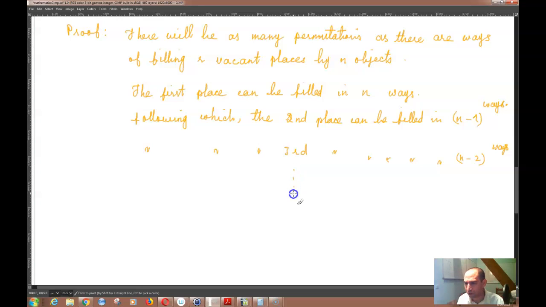And you can just keep going, and so that means that following which the rth place can be filled in n minus r plus 1 ways.